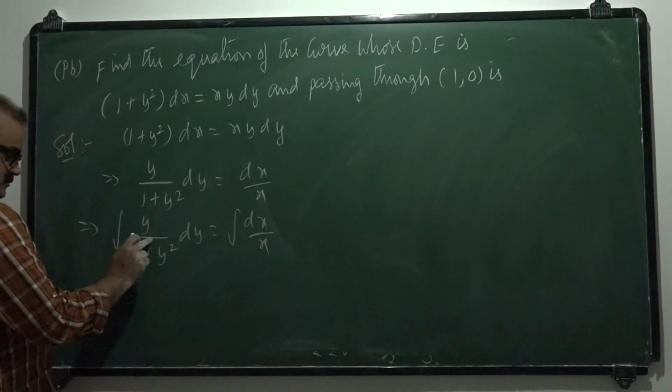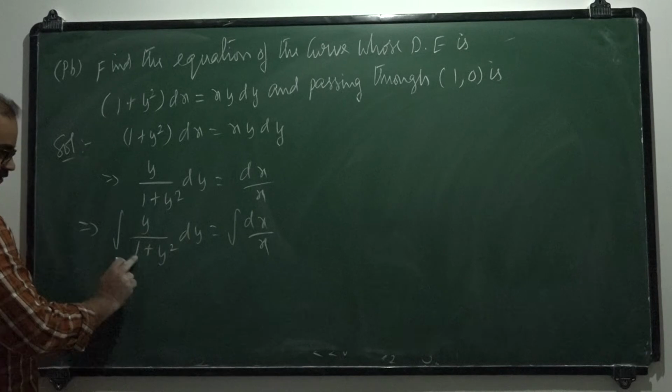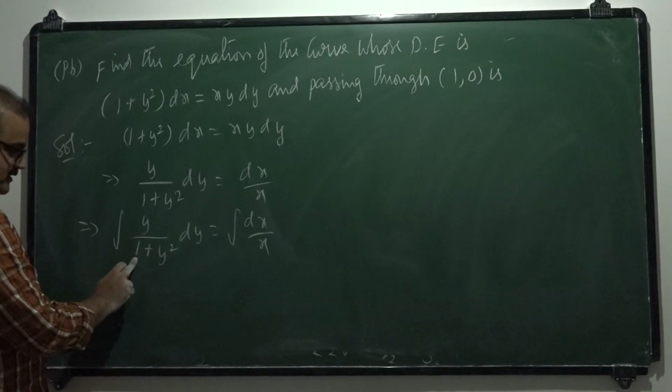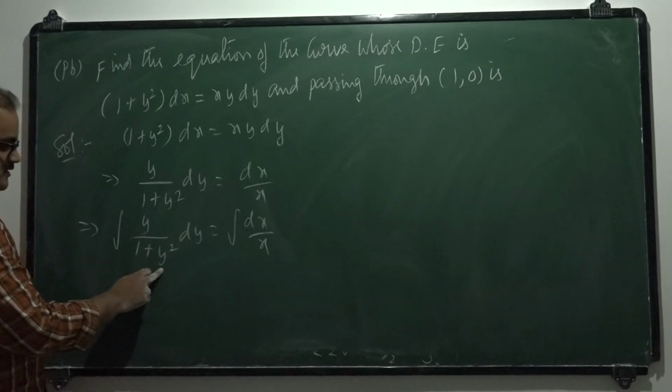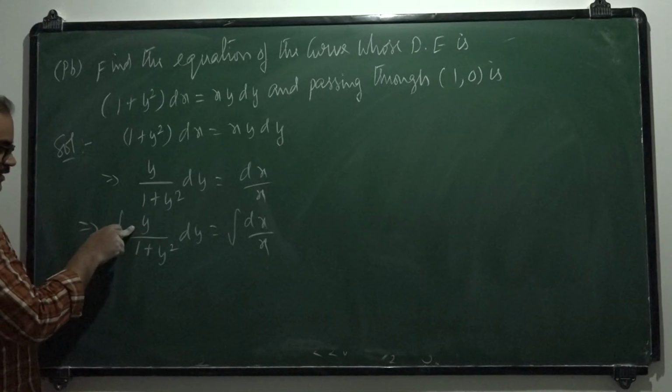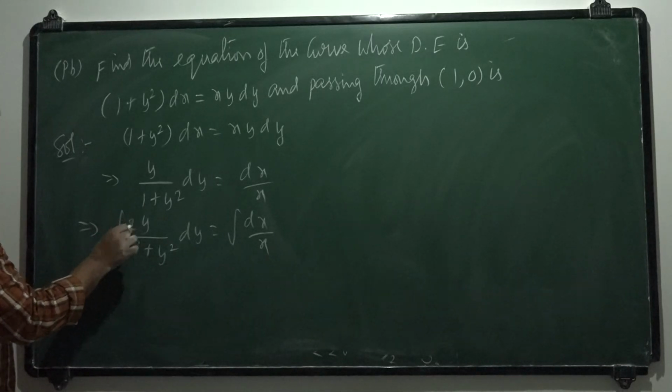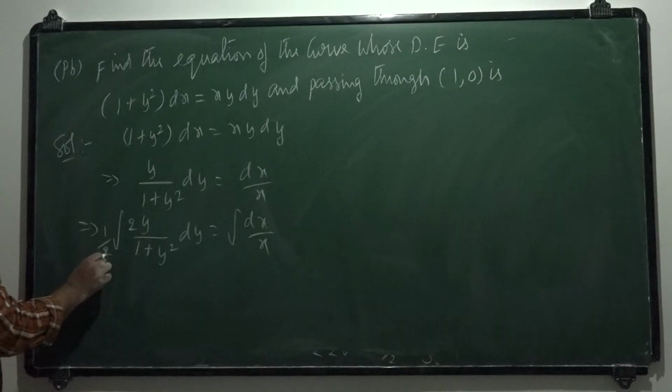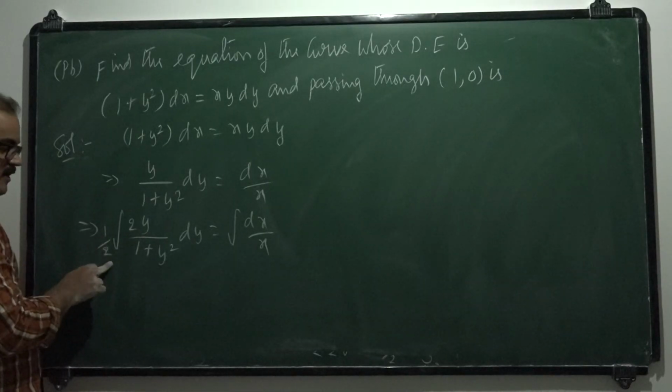See here, derivative of 1 plus y square, derivative of 1 is 0, derivative of y square is 2y, but there is y only. So multiply numerator and denominator with 2. Why we multiply with 2?